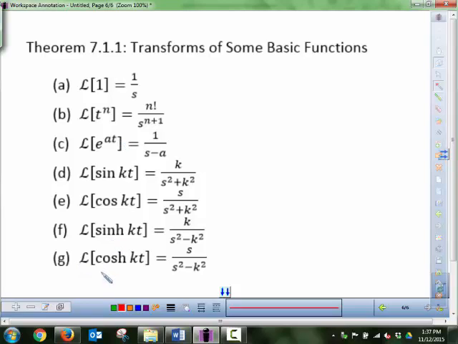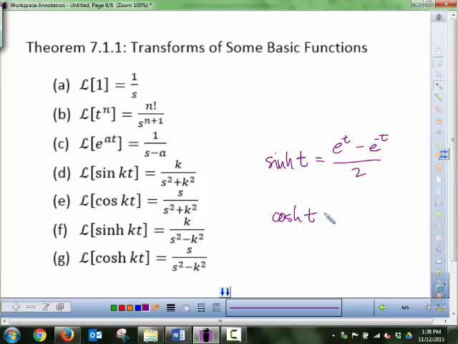The sinh and the cosh are, if you remember what those are, the hyperbolic functions. Sinh of t is e to the t minus e to the negative t divided by 2, I hope.